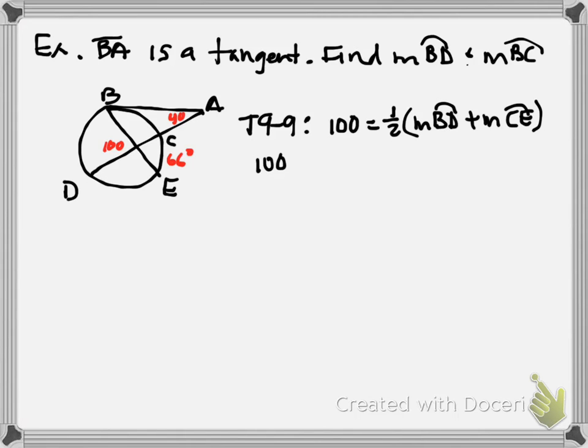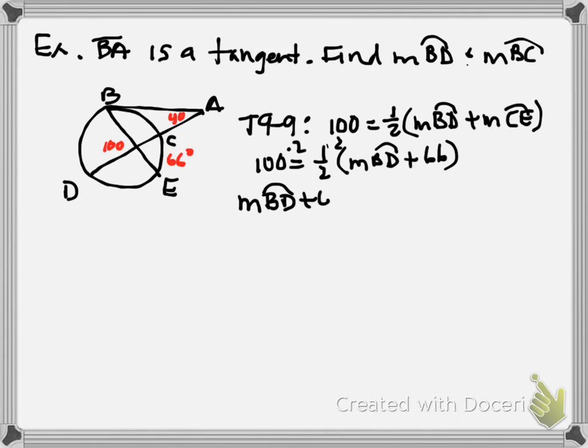So we get 100 is equal to 1/2 the measure of arc BD, which is the one we're solving for, plus the 66. So I'm going to multiply both sides by 2 to get rid of that. I'm going to use the symmetric property. Measure of arc BD plus 66 equals 200. Subtract 66 from both sides, and we get the measure of arc BD is going to be equal to, not angle, measure of arc is going to be equal to 134 degrees.